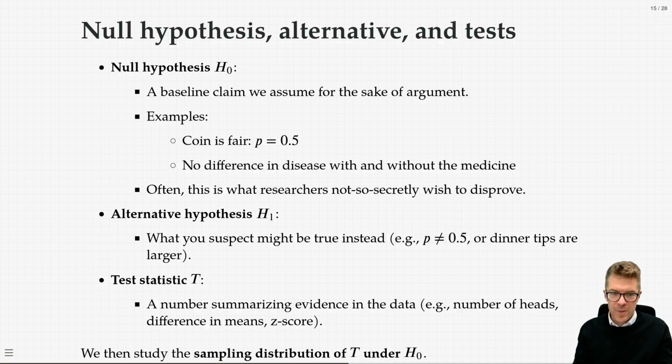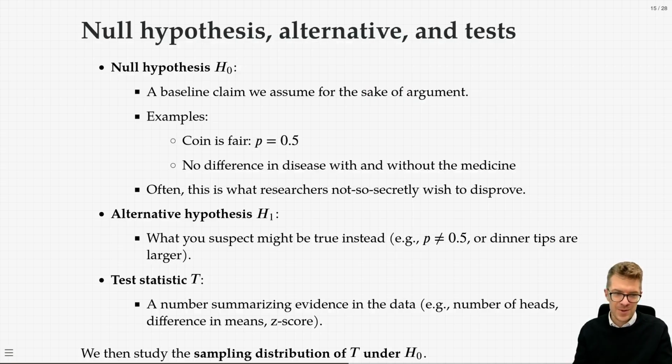The alternative hypothesis, H sub 1, is kind of the opposite. So this is what we'd suspect if the opposite were true. So if the coin is not fair, like it's not going to have a probability of 50% for heads to come up. I switched the examples here.